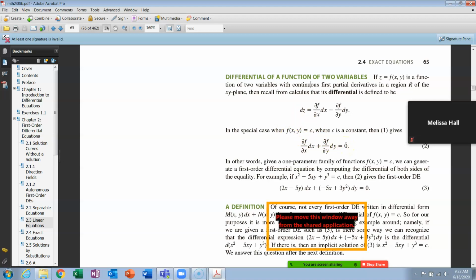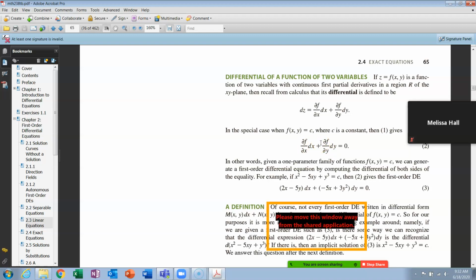So therefore, if you have an equation that's written in the form of M of xy dx plus N of xy dy equal to 0, if that M can be represented by this, and if that N can be represented by something like this, for the same f, then you can solve this differential equation.